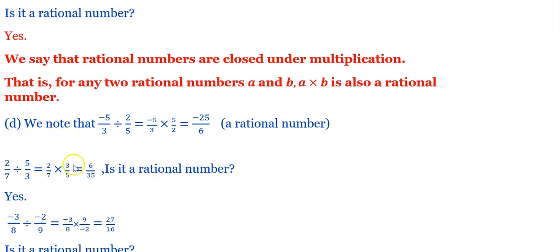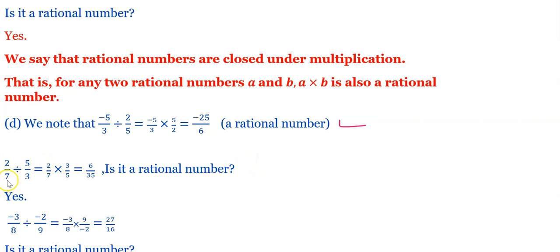Next we see division. -5/3 divided by 2/5, therefore we write -5/3 multiplied by the reciprocal. The reciprocal of 2/5 is 5/2, with a multiplication sign. If we take their multiplication, -25/6, it's a rational number. That's the division of two rational numbers.